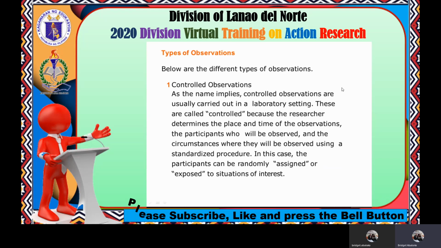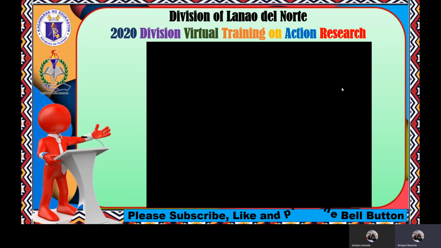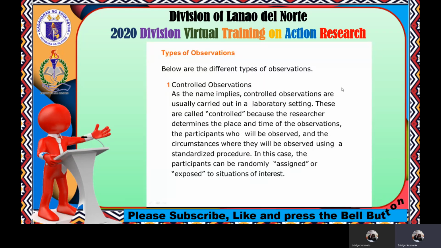Kabalo siya, asa ang place, asa ang time. So sa overt kabalo ang participant. So mao ni siya, overt siya. The observations are usually overt in this type of observation as suggested by the setup itself. Sa controlled is overt ang iyang method. So among the strengths of controlled observations is the easy replication by other researchers using the same observation procedures and tools.